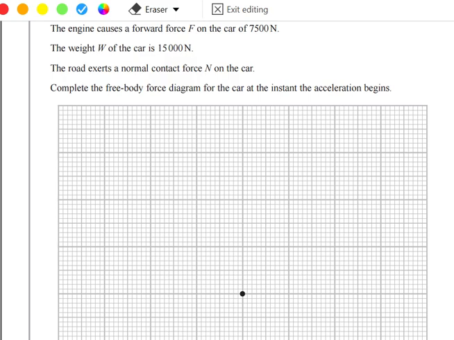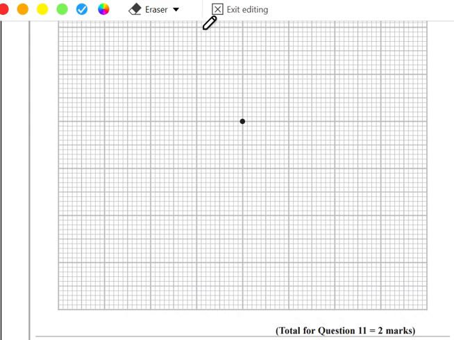So simply we can make a scale of 5,000, for example, for the big square, and we have weight 15,000, which means 3 big boxes down.